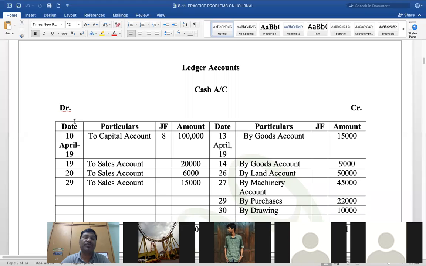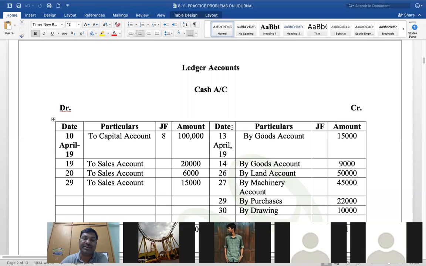Okay, so now there are 4 columns on the left and 4 columns on the right. Now, what are the 4 columns on the left? Date, particulars, journal folio, amount.